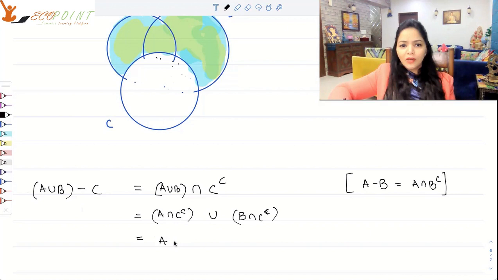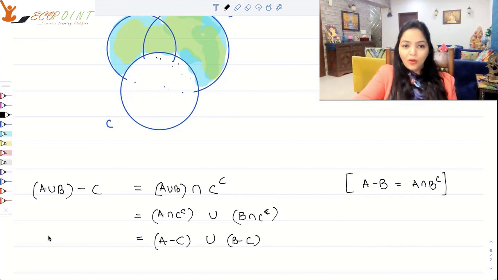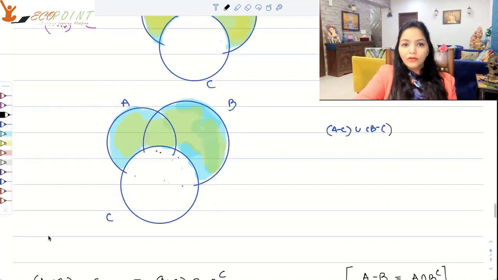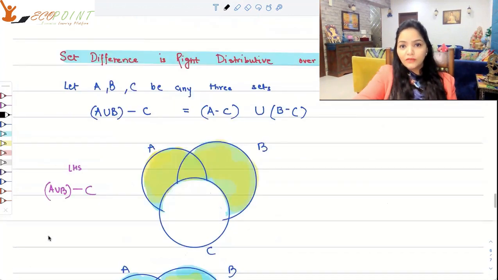A intersection C complement means A minus C, again using the same definition. Union B intersection C complement means B minus C. So we have A minus C union B minus C. And that's what we quoted as our law. So right distributive over union.